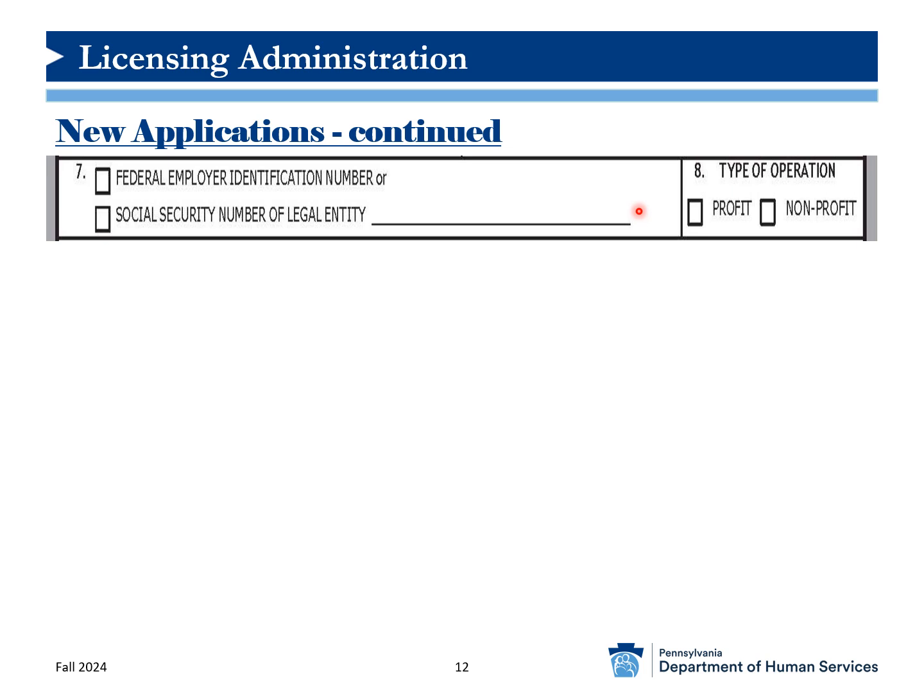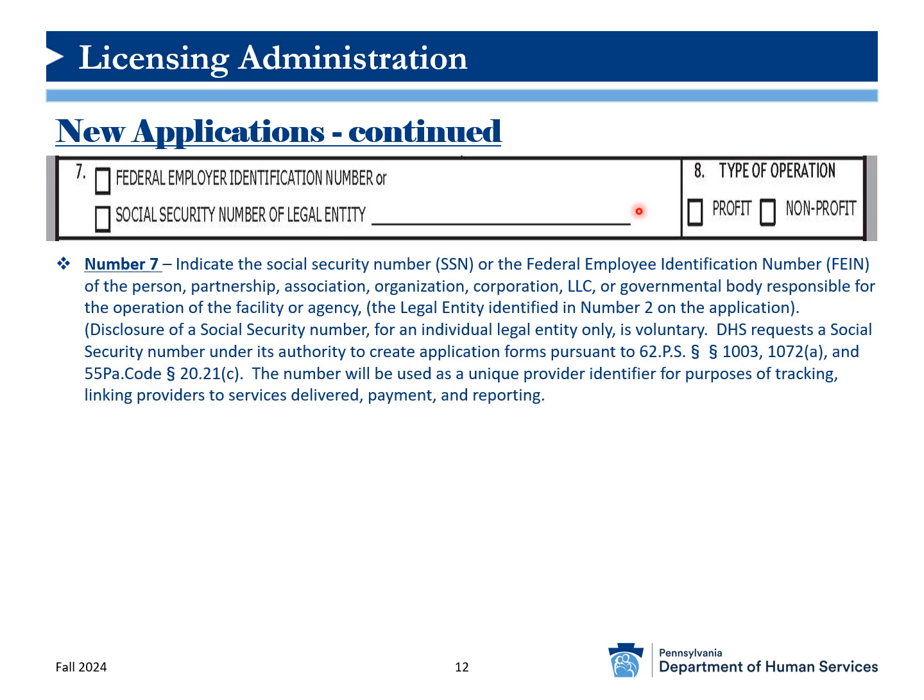Number 7 is for the Federal Employee Identification Number, or if you are an individual applying, then your Social Security number. It is the number that you will be filing your taxes or payroll under.